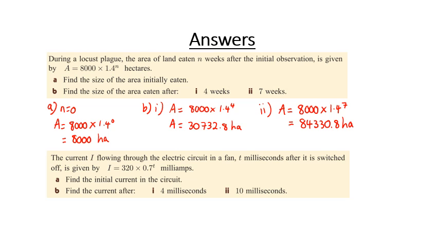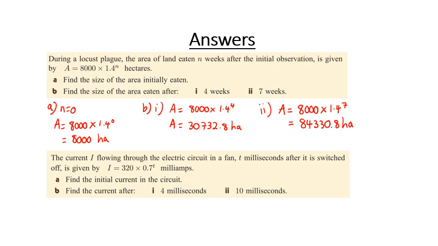hectares. Now we can do something similar. Obviously, they are growth examples, but we can do something similar for decay examples. And it says here, the current I flowing through the electric circuit of a fan t milliseconds after it's switched off is given by the formula of I equals 320 times 0.7 to the power of t milliamps.